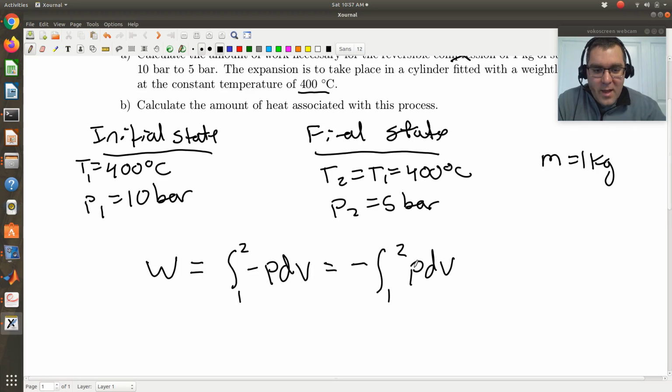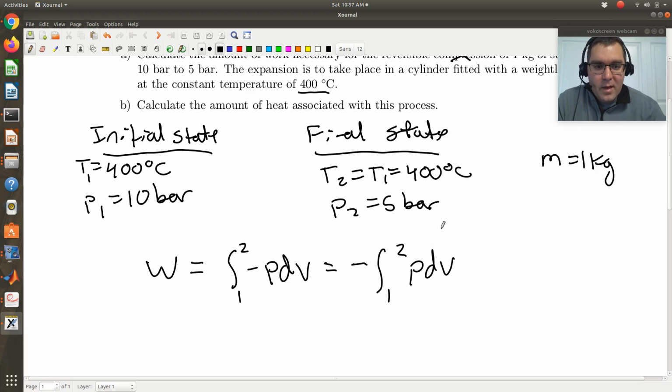Now, in order to integrate this, I need to know how P depends on V. Right? I need to have a relationship for P with respect to V. Now, the last problem we just looked at, we were told to use our analytic equation, the truncated virial equation, which gave us a relationship for P with respect to V at constant T, and so we could numerically integrate.